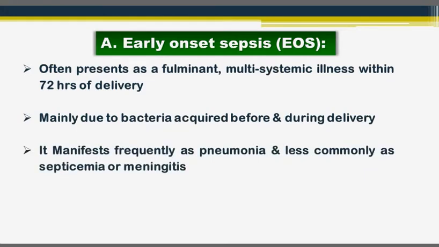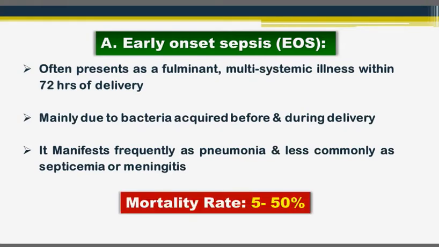What is the frequent manifestation of early onset sepsis? Pneumonia, and less commonly septicemia or meningitis. This is reserved for the late onset sepsis. The mortality rate due to early onset sepsis is very high, up to 50%.